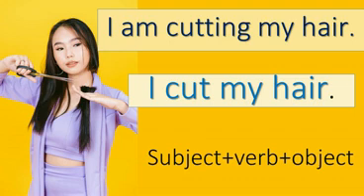But here the subject I does the action of cutting. But in our lesson we are going to talk about things not done by us but by other people. So we have to change these things a bit.